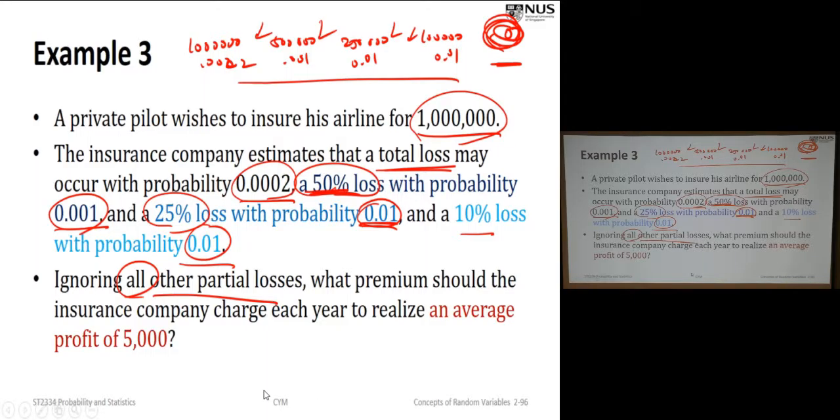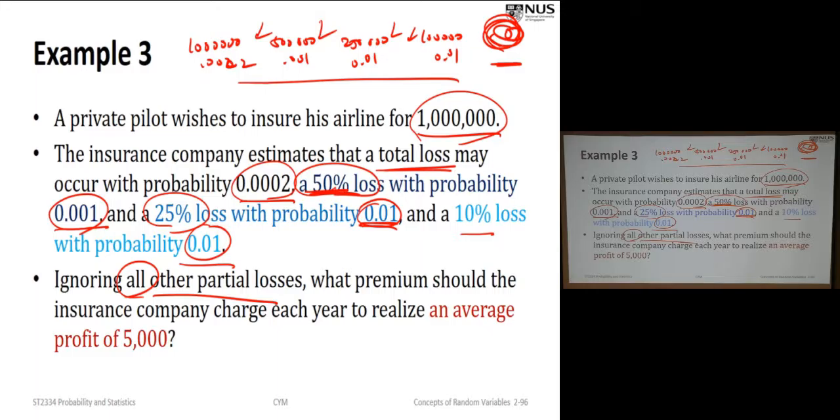Now, the insurance company will not like to have a fair game. That means you just pay the amount that covers my expenses. I also want to make money. So on top, I will charge you more. Suppose you work out the reasonable amount that this pilot has to pay.